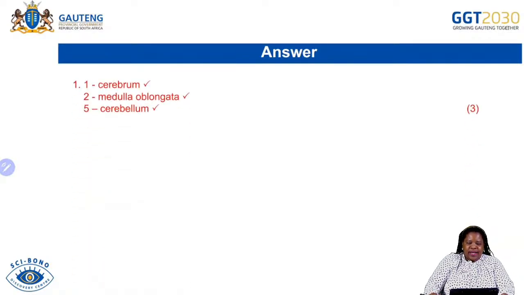Okay. 1 is cerebellum. 2 is medulla oblongata. 3 is cerebellum. Also, when you're going back to the brain, remember the largest part of the brain, we were saying it is the cerebrum. In the first session, Samantha did all the functions of the brain, whereby you are going to be able to differentiate between the two.